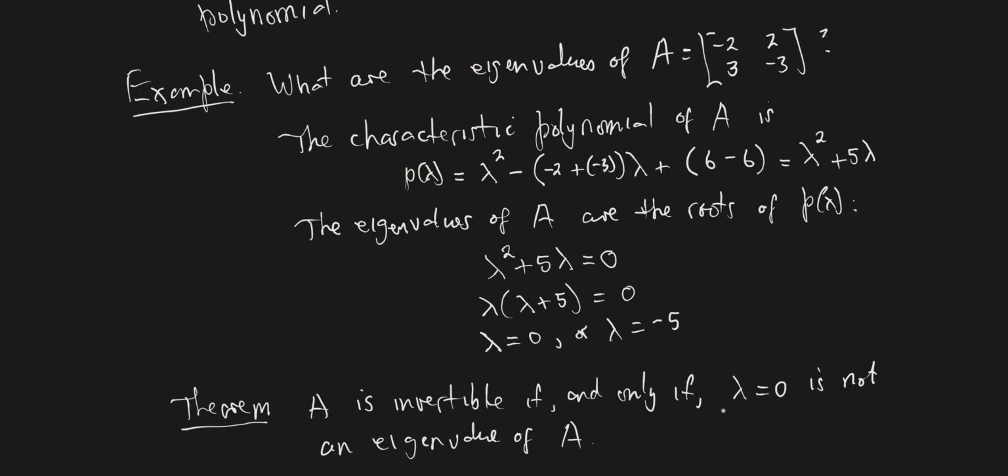So if the matrix has a lambda equals 0, then it means it has to be a singular matrix, right? So that's another way that we can tell if a matrix is invertible or not.